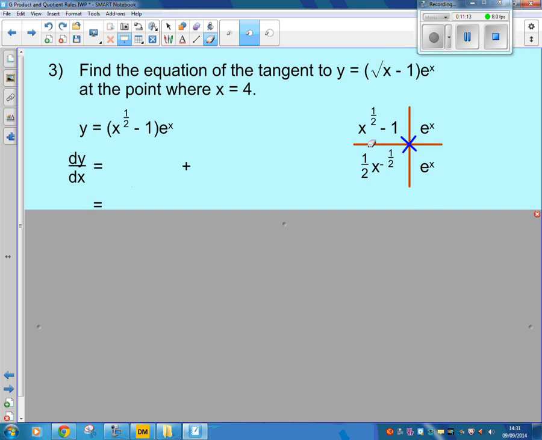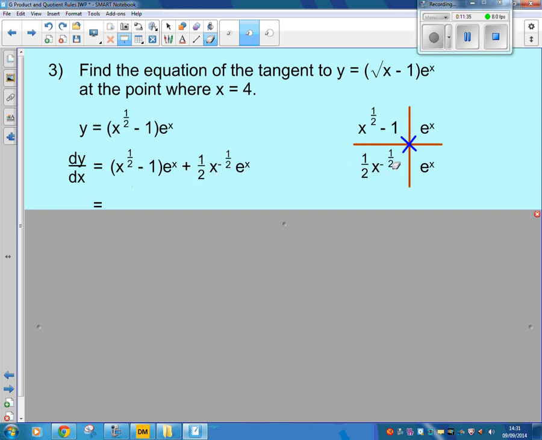So dy over dx is u times dv dx, multiplying diagonally: x to the half minus 1, lots of e to the x, and then here v times du dx. So it's going to be e to the x times this. We normally will put the e to the x first, but we'll just be consistent and put it at the end.